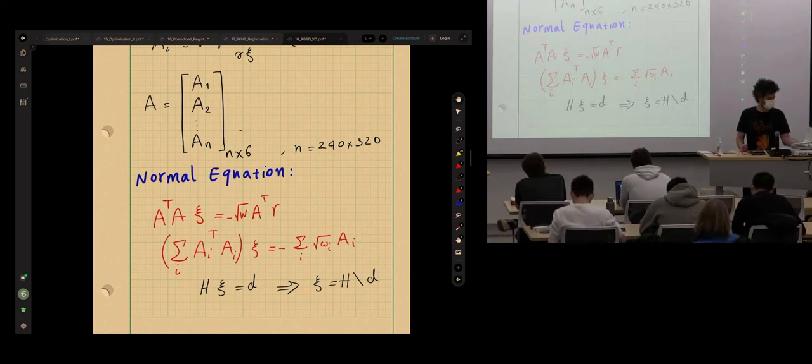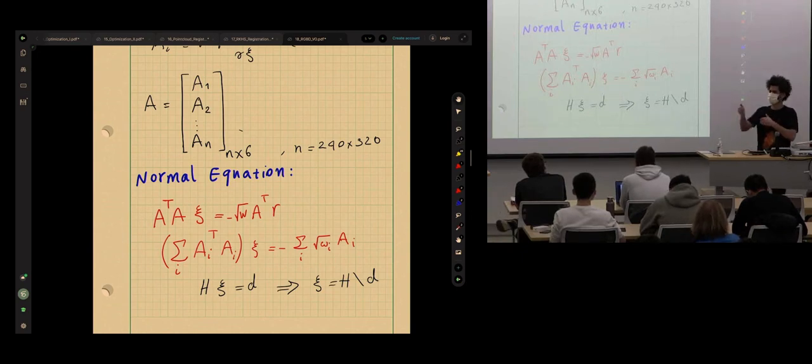Now I have one last question for you before I finish. That's when we have other sensors. What if you want to combine other sources of information, such as IMU, or maybe you have pose tracking from another sensor?